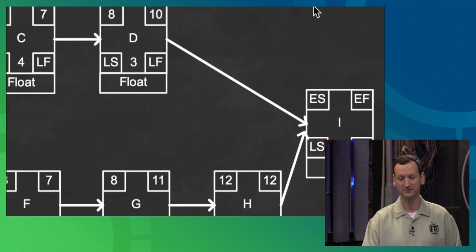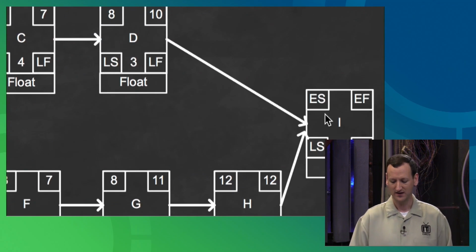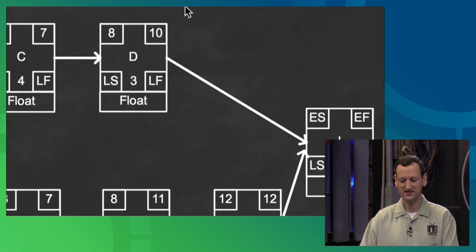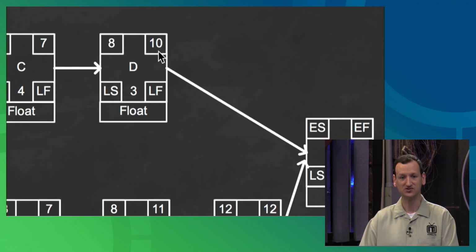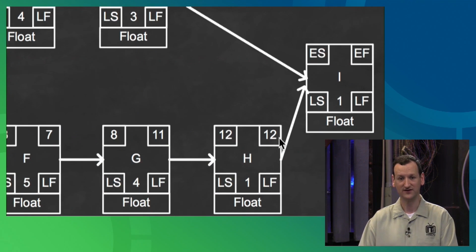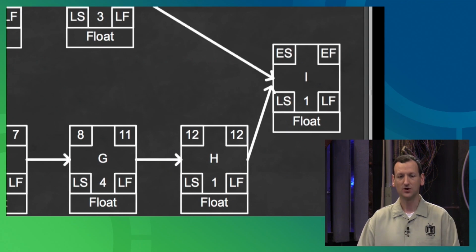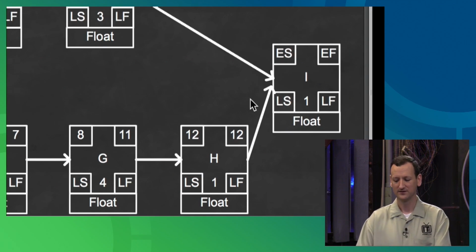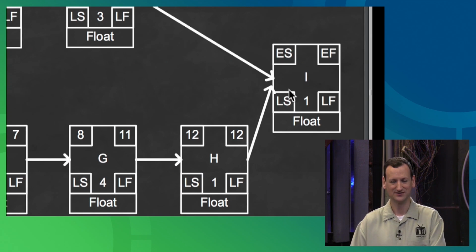Now, task I has 2 dependencies, right? It needs task D and task H to finish before task I can start. If I look at task D, the earliest it can finish is on the 10th. And if I look at task H, the earliest it can finish is on the 12th. Because this one can't finish until the 12th, task I can't start until the 13th.